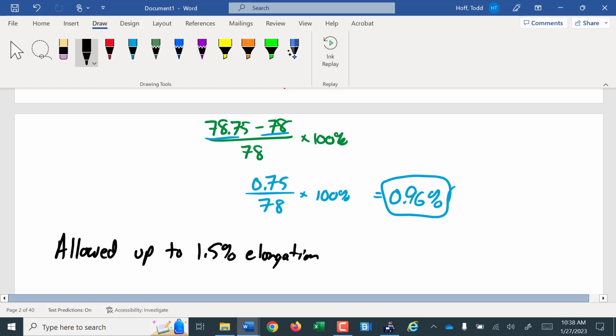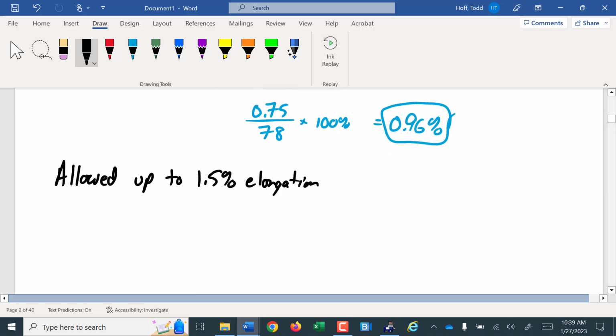If you're lifting overhead, 1.5% is pretty standard. If you're lifting overhead and transporting horizontally over the top of where people might be, the percent gets smaller. So it depends on the situation, but 1.5% elongation I found is a pretty standard number. So this chain would still be usable.